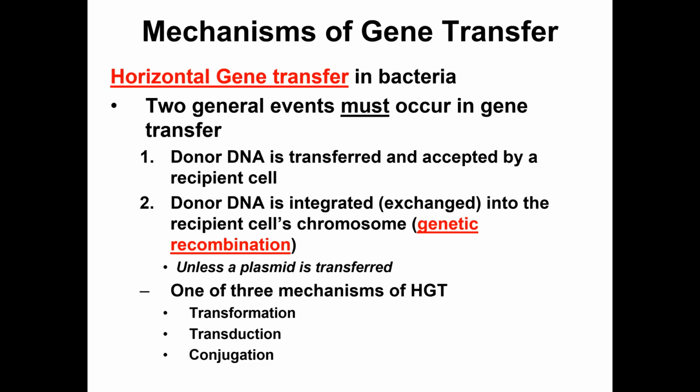All right, now we need to draw some DNA here. Okay, so here's the donor's chromosome, and we need to draw in plasmids. So it's been a while since we talked about plasmids. Plasmids are extrachromosomal pieces of DNA.